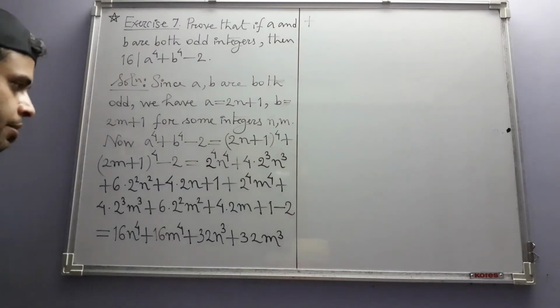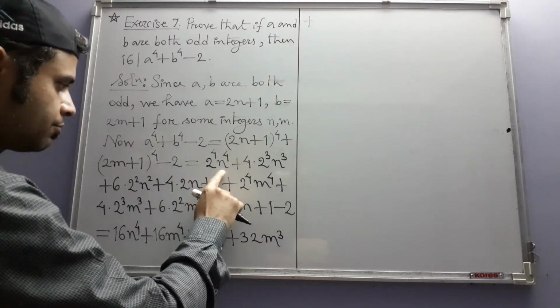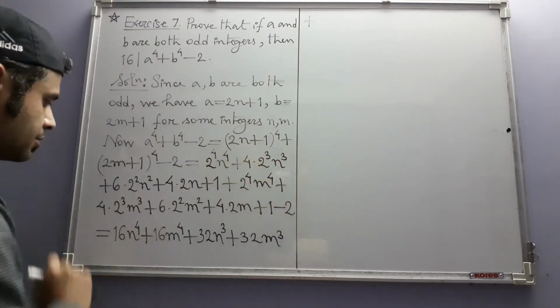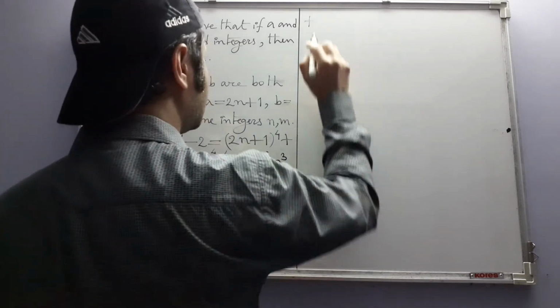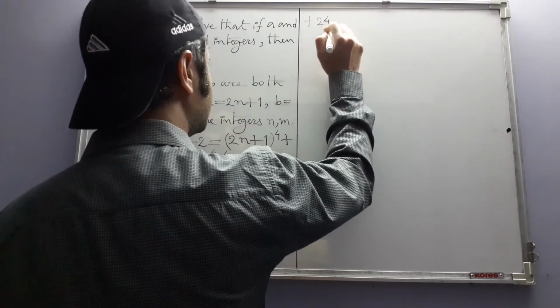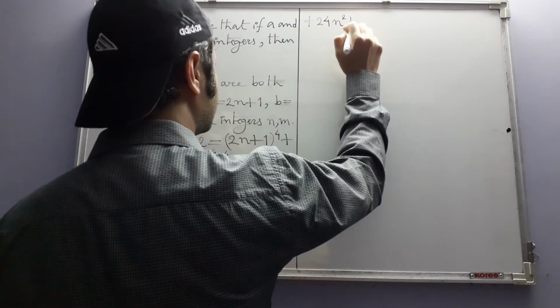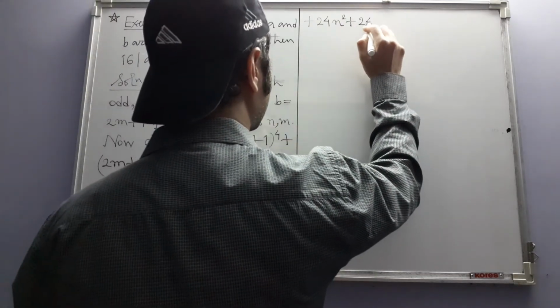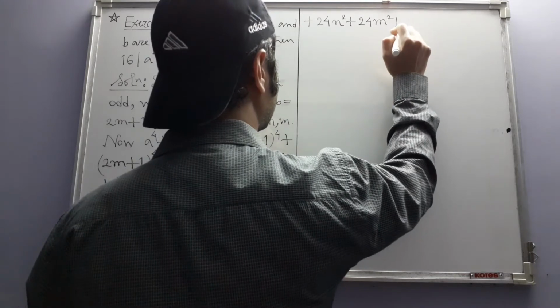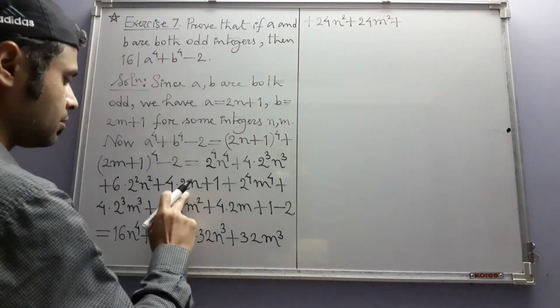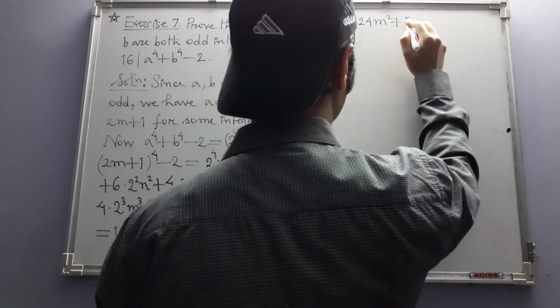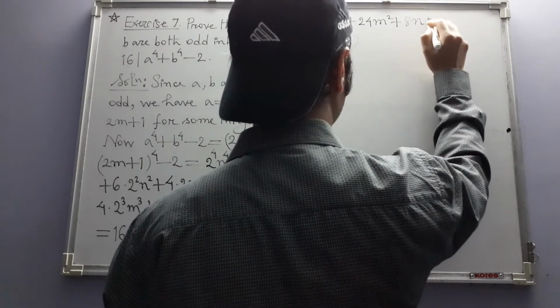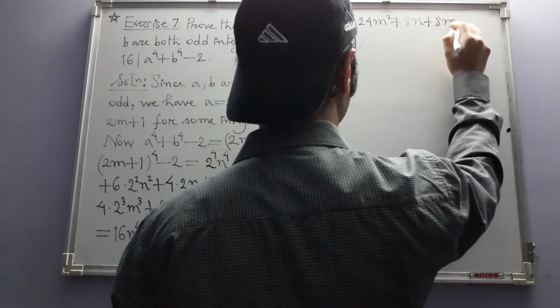After the fourth power and the third power comes the second power. The second power, however, is 24n square. Like that, here also 24m square, plus, after that, the linear terms 8n plus 8m.